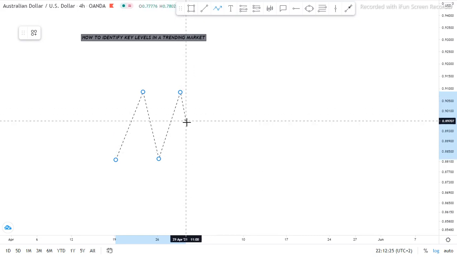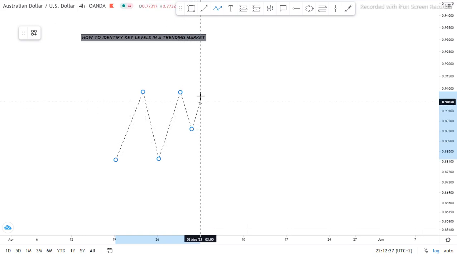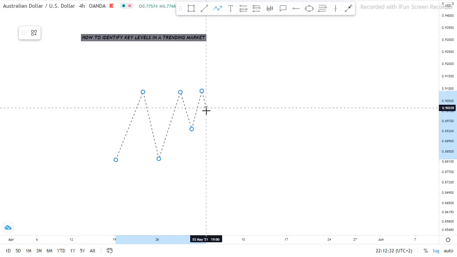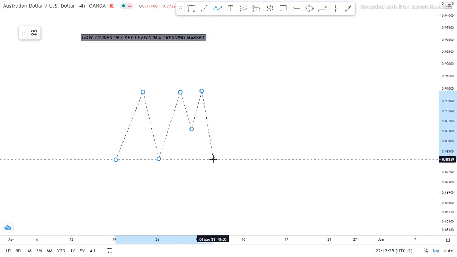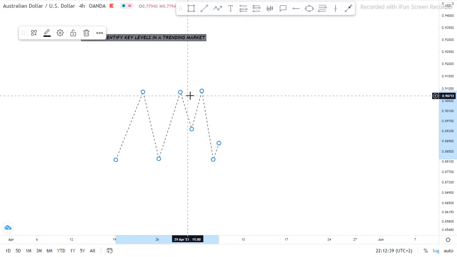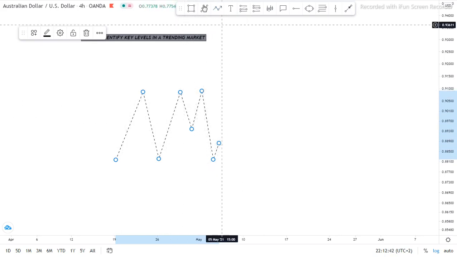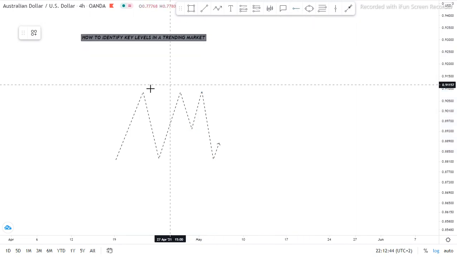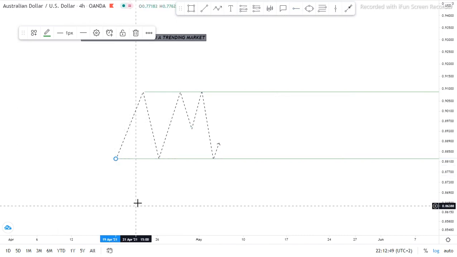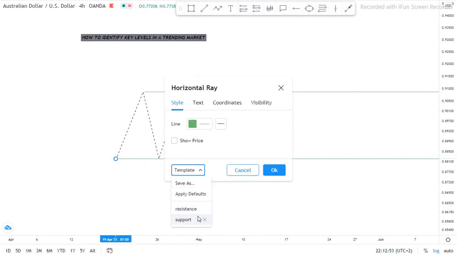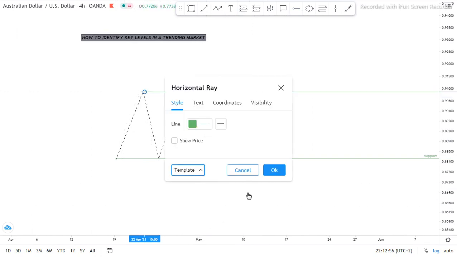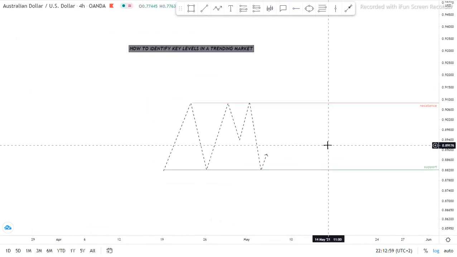Or sometimes you might even find that it goes halfway and then comes back again, then hits our resistance again, and then comes back down, then moves up. In this situation, this is what we would call a double top, but this is within a ranging market, where this would be our support level, and then this would be our resistance key level, right?